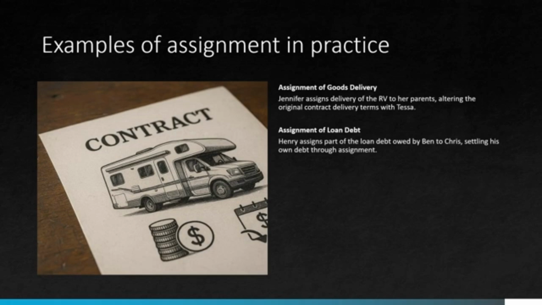And Henry assigns to Chris $250 of the money he's going to get from Ben. So he assigns that over to Chris to settle his debt to Chris. He simply says, I'm going to assign half my repayment here to go to Chris to settle that debt, and the other half would come to him. I use this example to show you can split a portion to assign instead of assigning an entire contract.